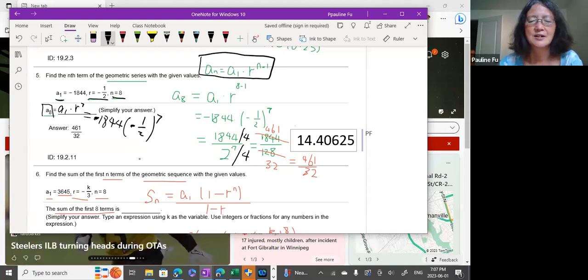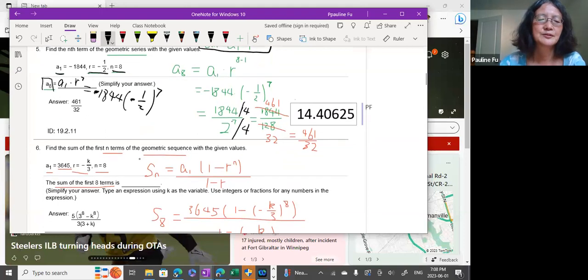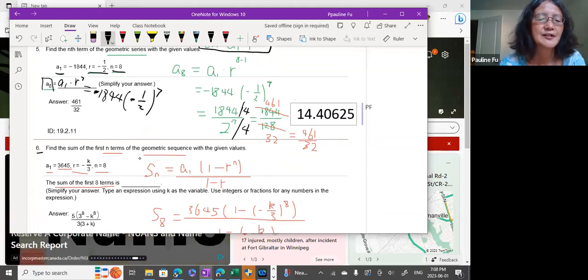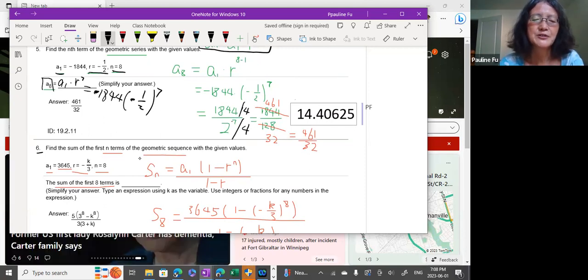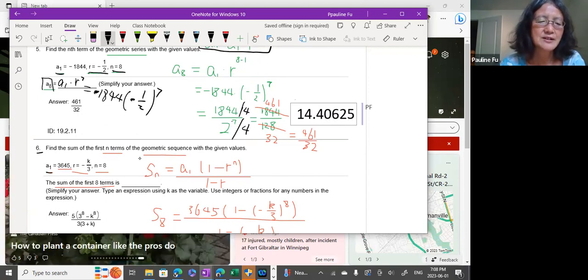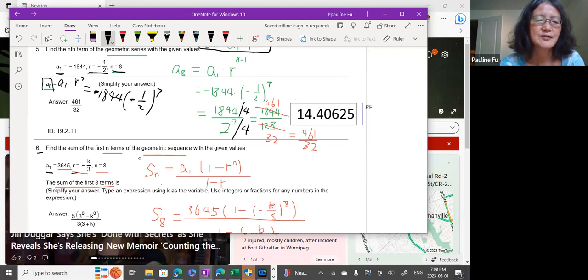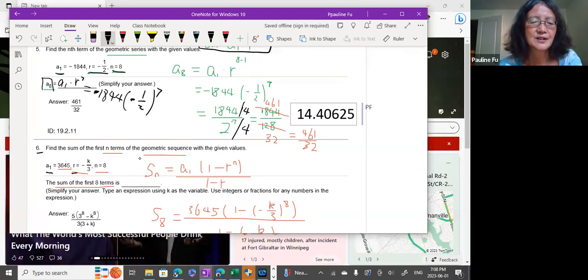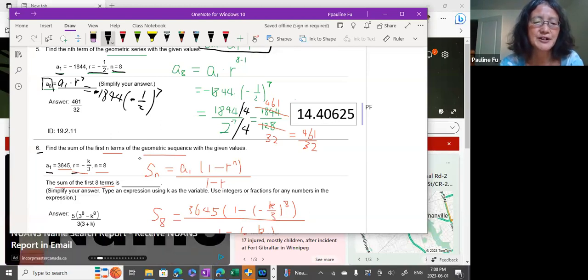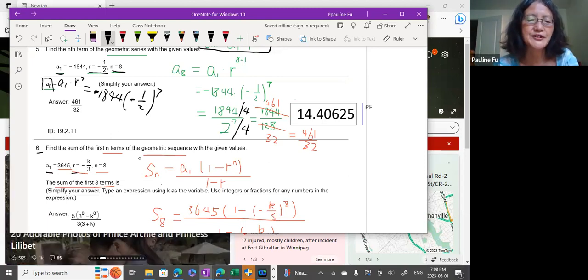Okay. Question 6. Find the sum of the first n terms of the geometric sequence with the given value. Given A1, 3645, R is negative 1/3, N equal to 8. The question asks you the sum of first 8 terms. So this is a geometric sequence.